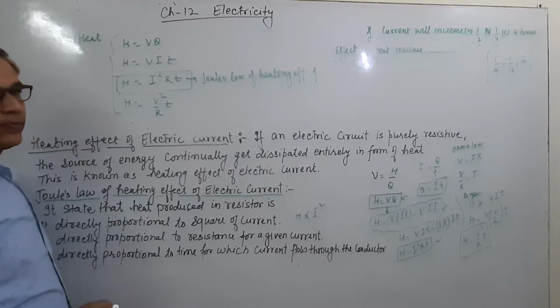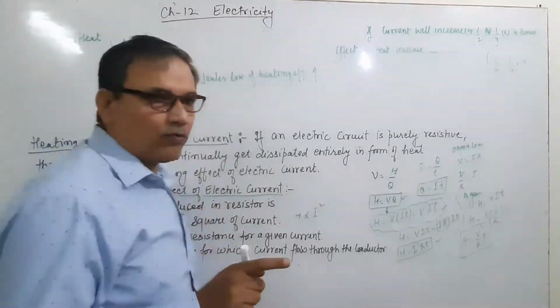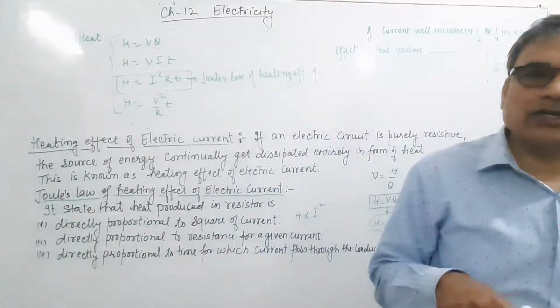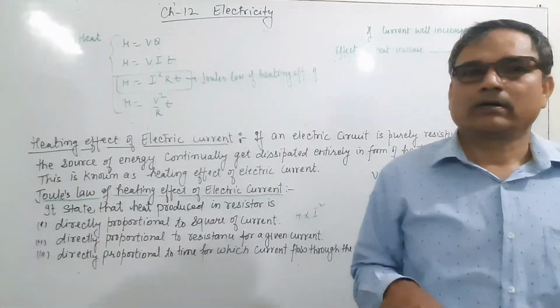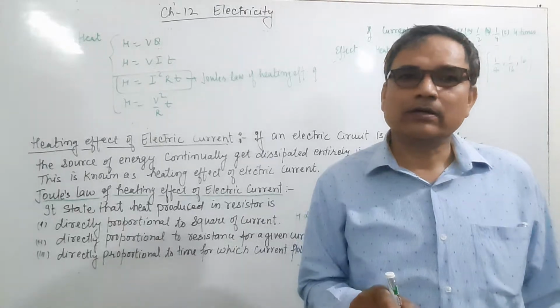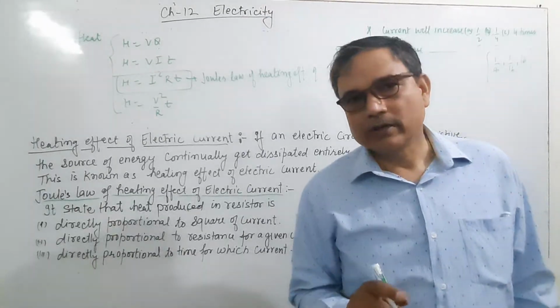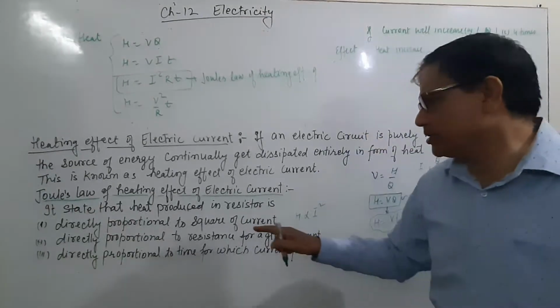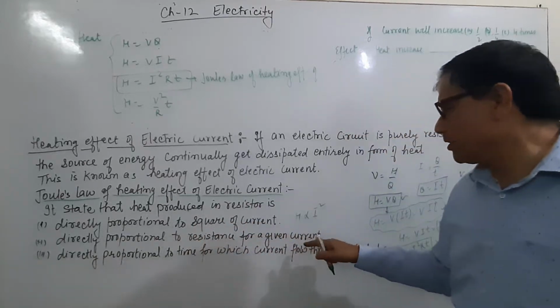A given current means the current supplied in the same circuit. If you increase the potential difference, then for the same resistance the current will automatically increase.